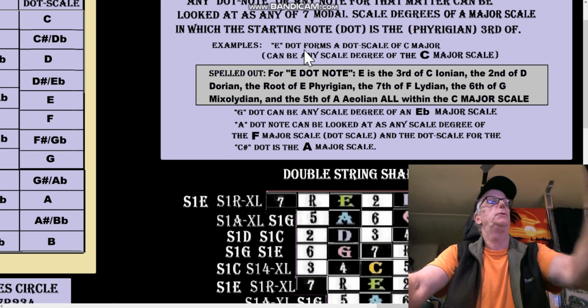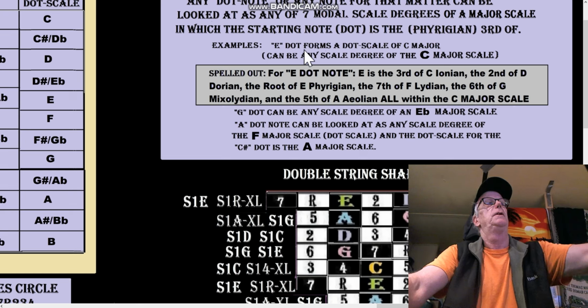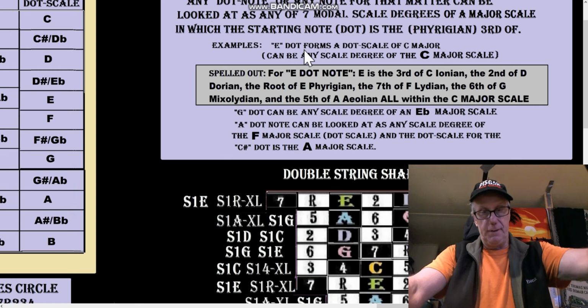okay, remember your dots are fret nut, G, A, B, C sharp, and E double dot.